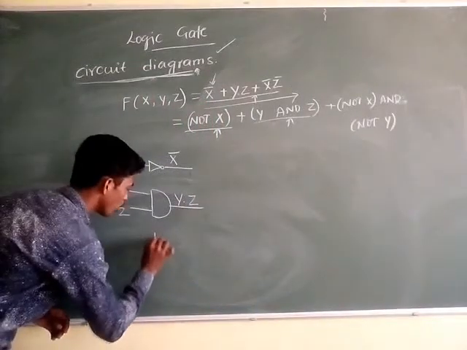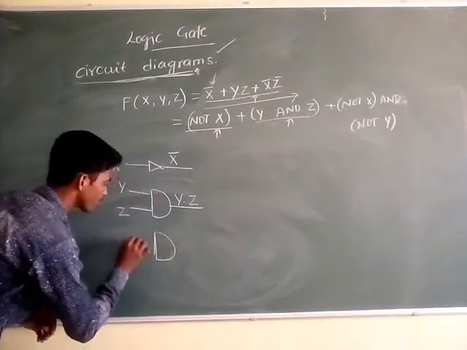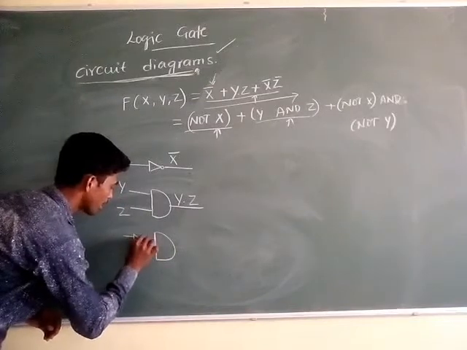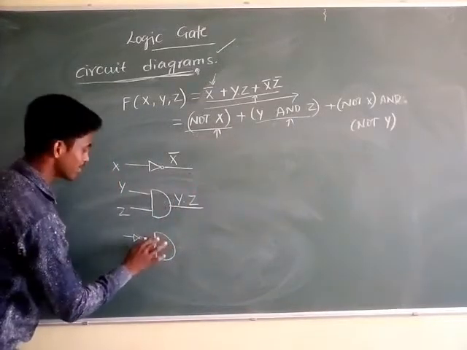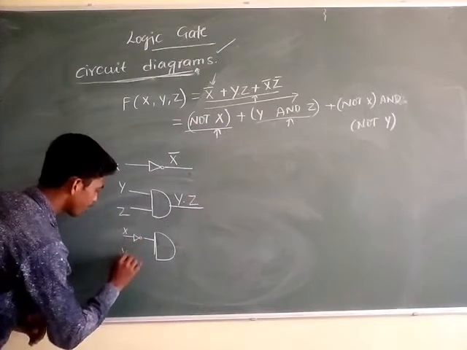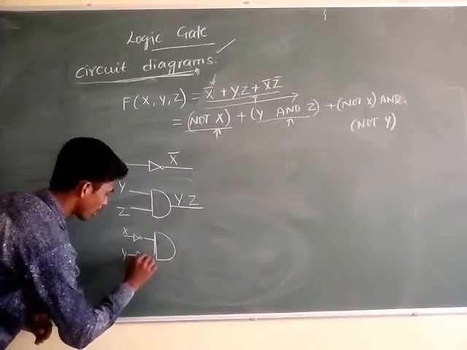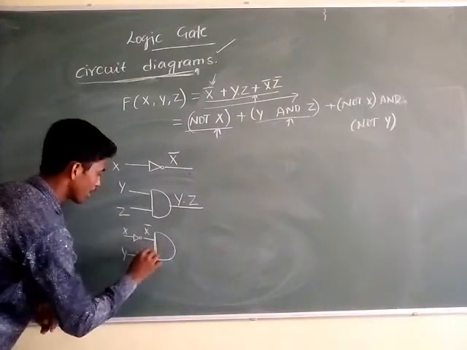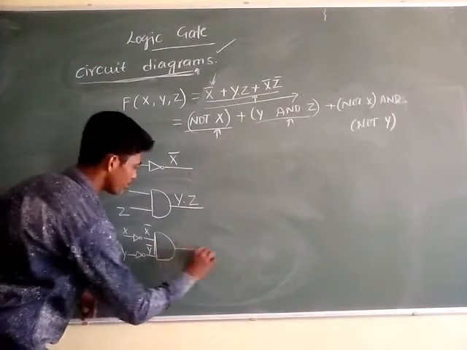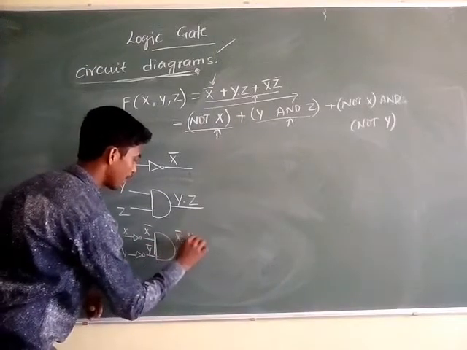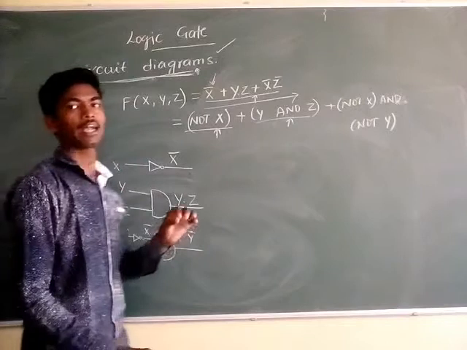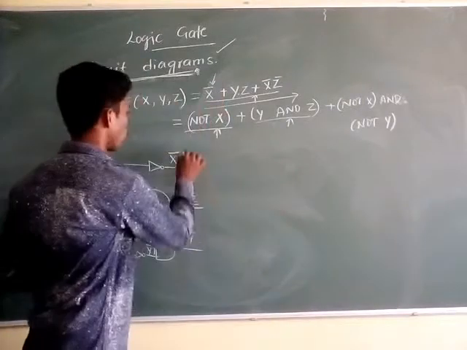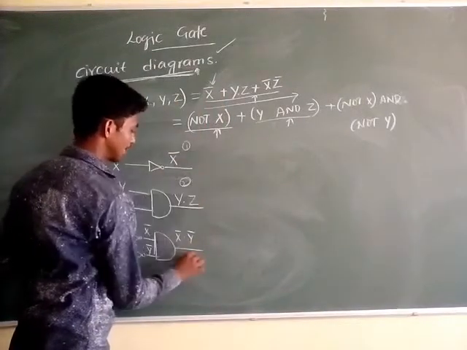So one more AND gate I am drawing here. This one is the NOT gate for X, and for Y another NOT gate I am inserting here. It will become X complement, Y complement. Finally we will get X complement and Y complement, and these three inputs, 1, 2, 3.